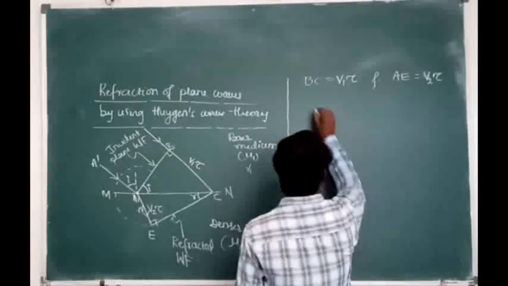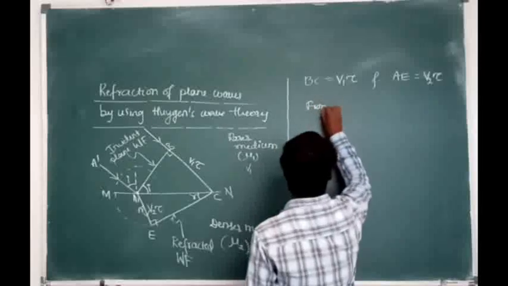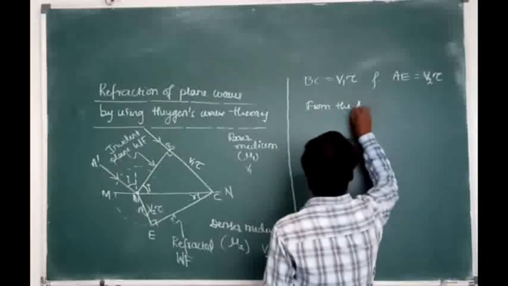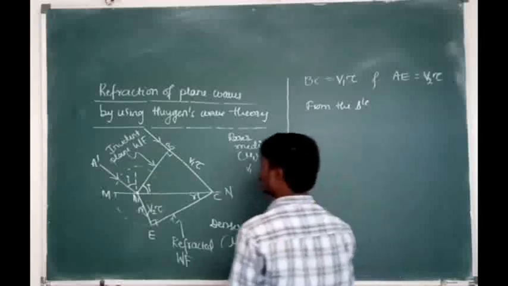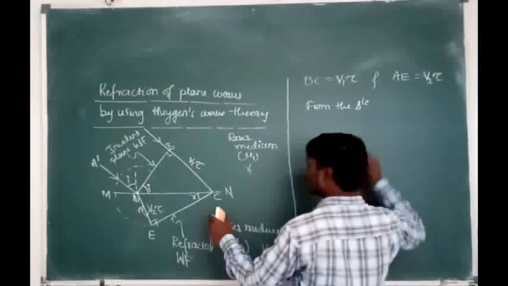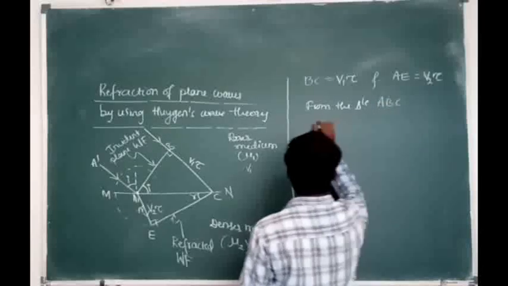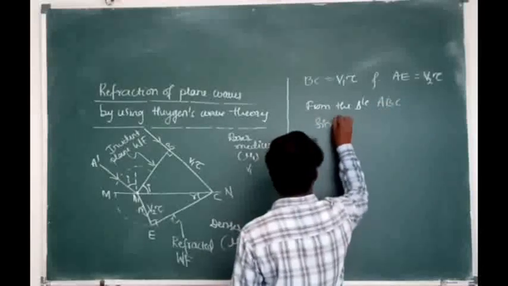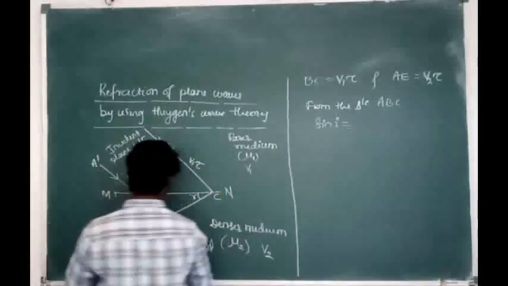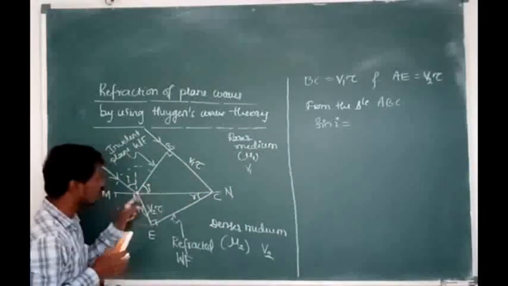First we are going to find the angle of incidence here. From the triangle ABC, what is sin i? Sin i is nothing but the opposite side divided by the hypotenuse.